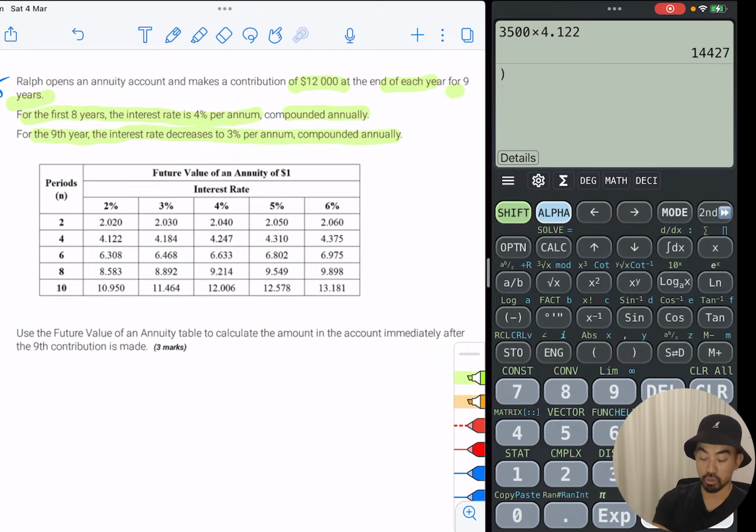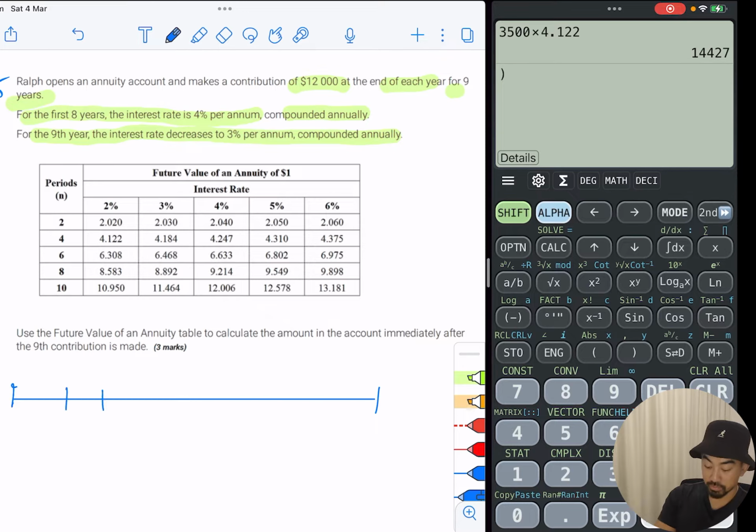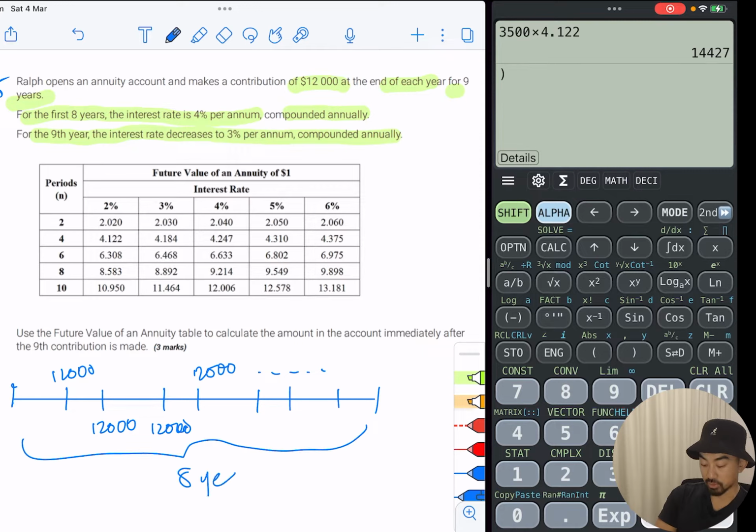Okay, so what I want you to visualize here is, for 8 years, for every year for 8 years, he's putting in $12,000. $12,000. $12,000. Eight times for 8 years. And each one of those is going to get interest along the way.